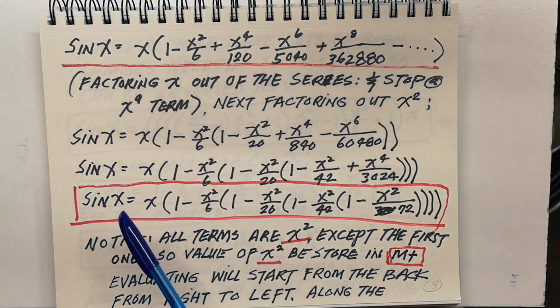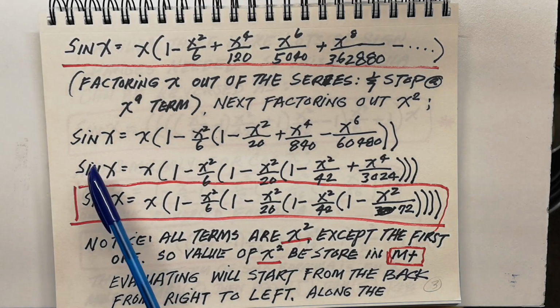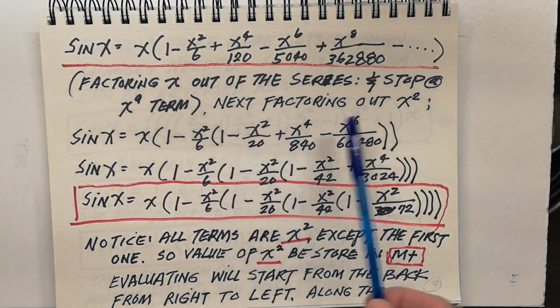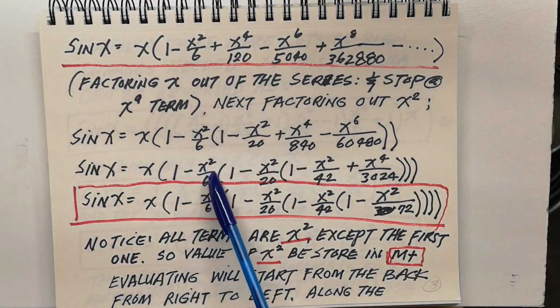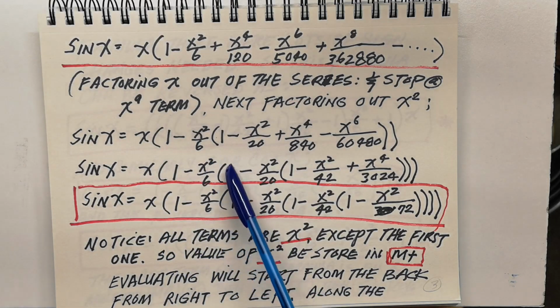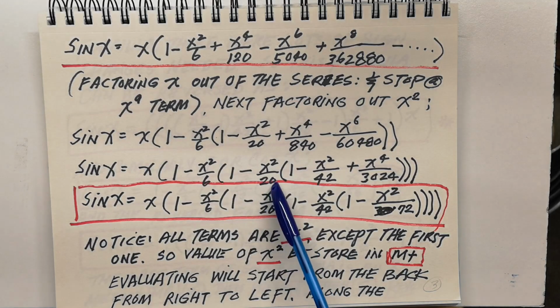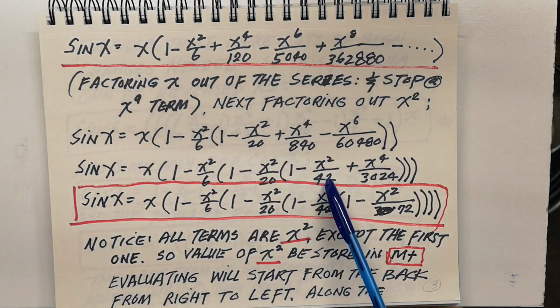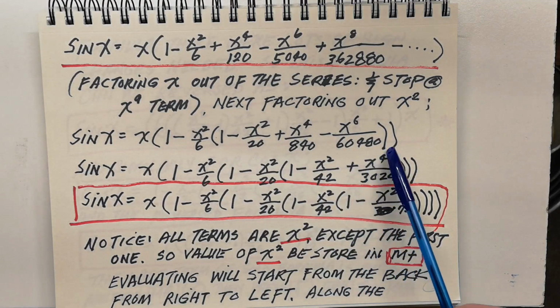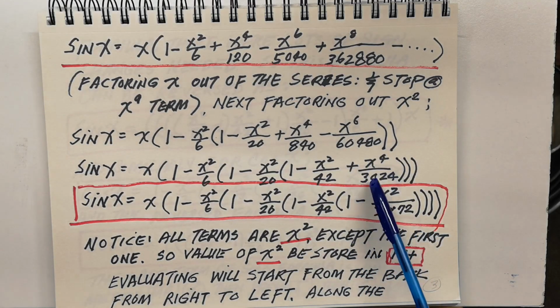And factoring out the rest, sine x equals x times 1 minus x squared over 6, quantity 1 minus x squared over 20, quantity 1 minus x squared over 42 plus x to the 4th over 3024.